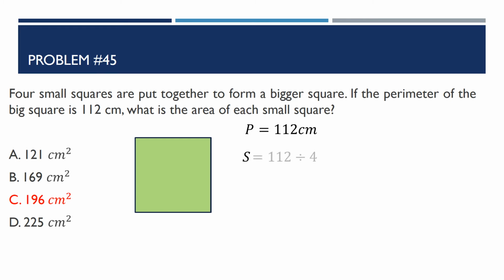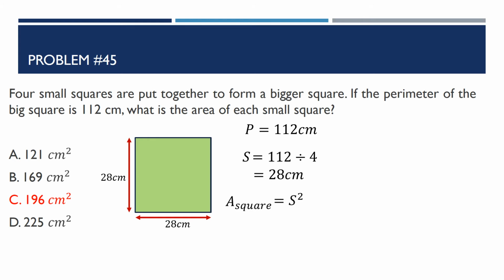So since each side is equal for a square, we are going to divide its perimeter by 4. So 112 divided by 4 is 28 centimeters. That means the length, the width, and all these 4 sides are all 28 centimeters. Now let's get the area of this square.